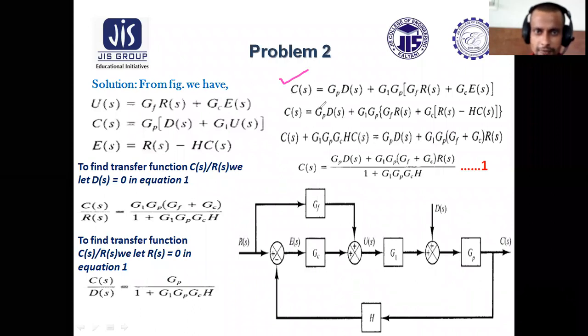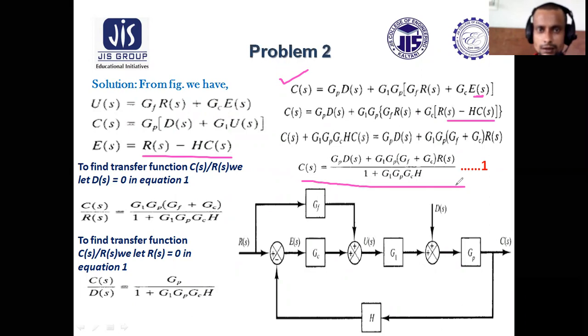Now CS can again be simplified as GP into DS plus G1 GP GFRS plus GC into ES. ES can be substituted by this one. So ES is substituted by RS minus HCS. Now after simplification, you'll get this one. Just by making possible conversion, you'll get this one. So we have got CS in terms of the two inputs DS and RS.